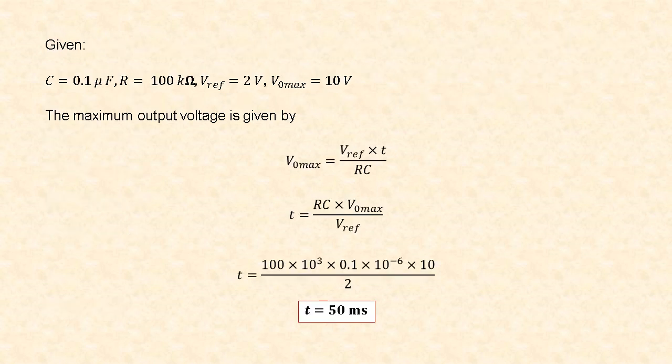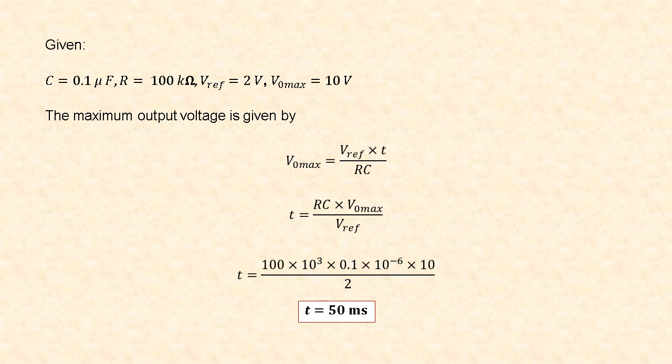They are given capacitor value as 0.1 microfarad, resistor is equal to 100 kilo ohm, reference voltage is equal to 2 volt, maximum output voltage is equal to 10 volt. The formula for maximum output voltage is given as V0 max is equal to reference voltage into time divided by RC. So time is equal to RC into output voltage maximum value divided by reference voltage.